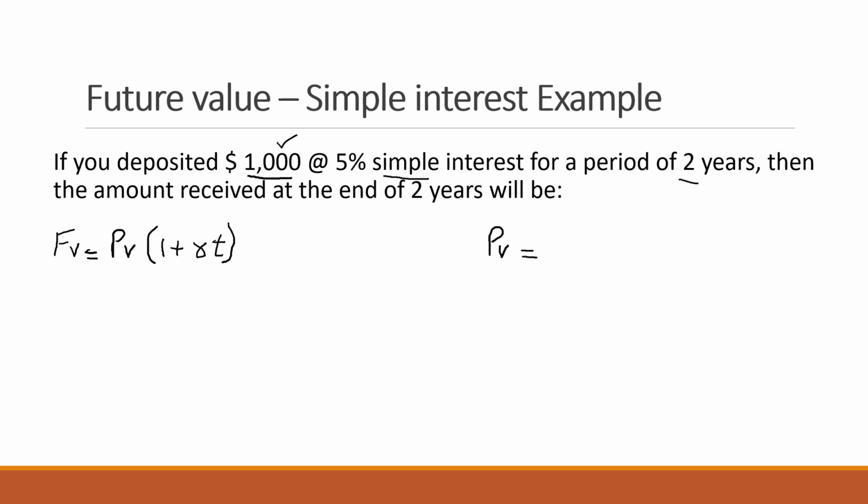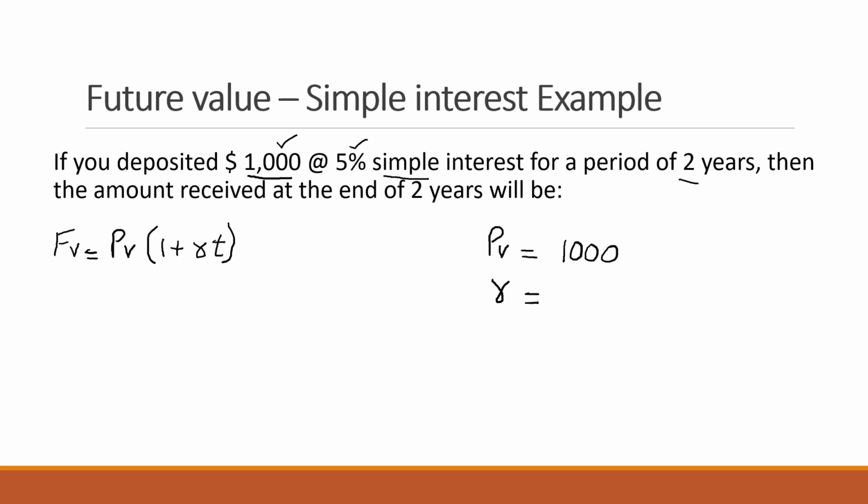Then 1 plus R. What is R? R is the rate of interest. Here it is clearly mentioned, 5%. So this 5% is my rate of interest.